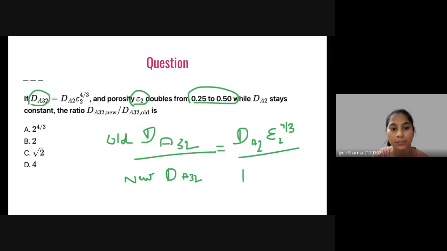So this is Da2, and because here E2 has been doubled, right? So this is 2 E2, or we can say this one has been doubled, 4 by 3.